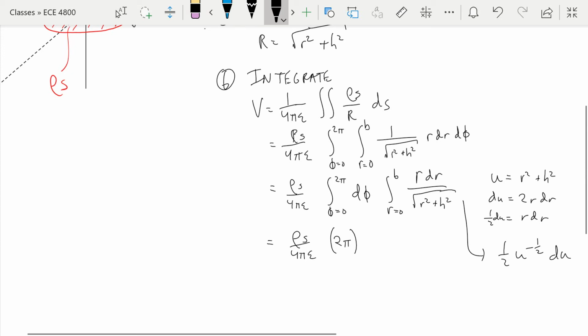All right, and the integral of this is u to the 1/2. The integral of u to the negative 1/2 is 1/2 u to the 1/2, and then you have to divide what's out here by the 1/2, so you get u to the 1/2. If you don't believe me, you can just take the derivative of this and you will find this. All right, so the integral is u to the 1/2.